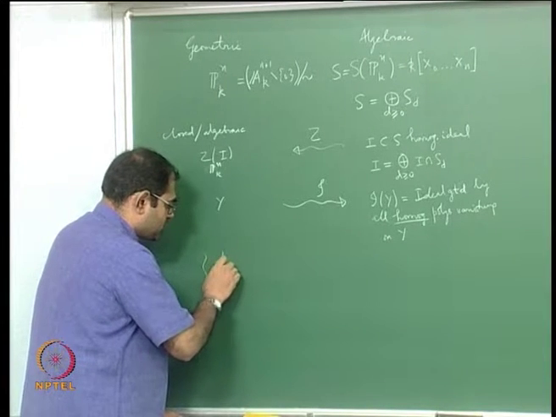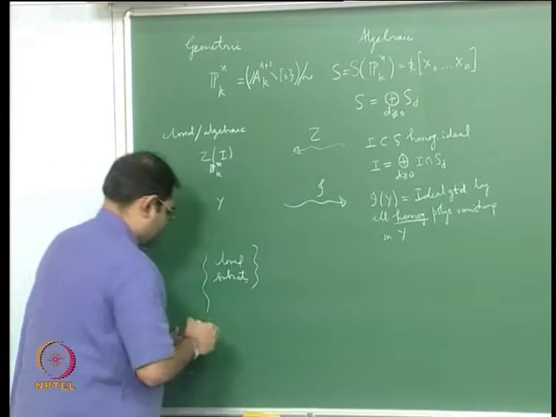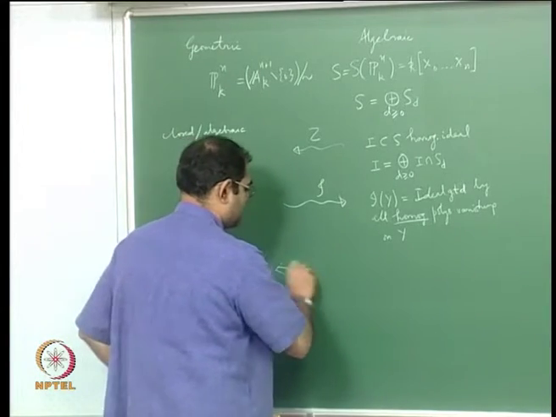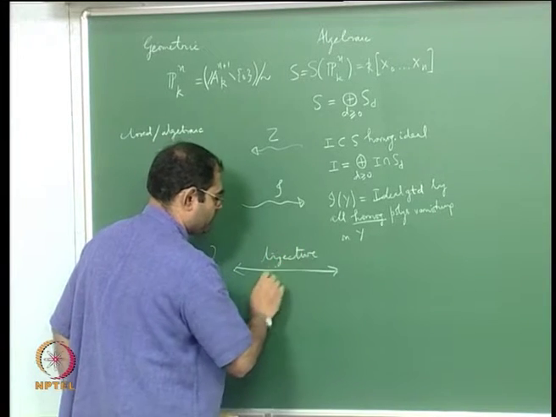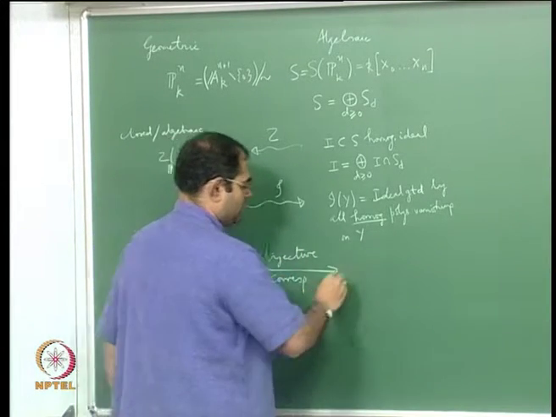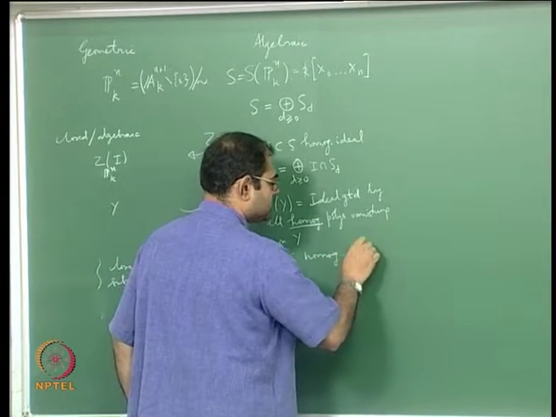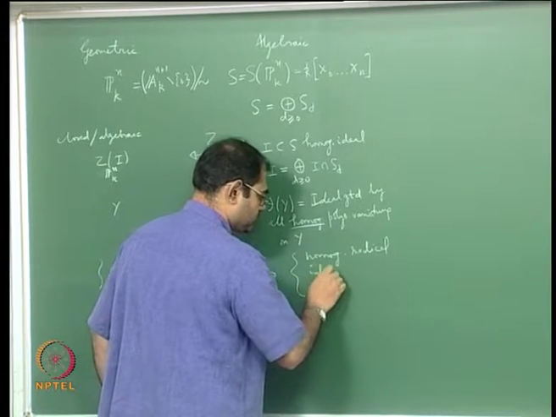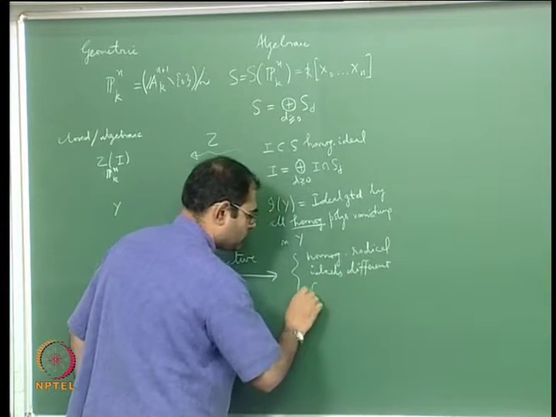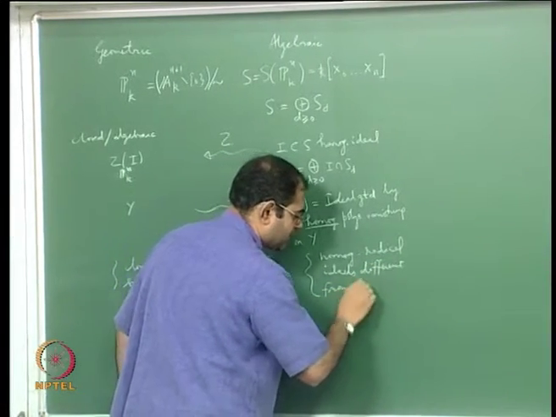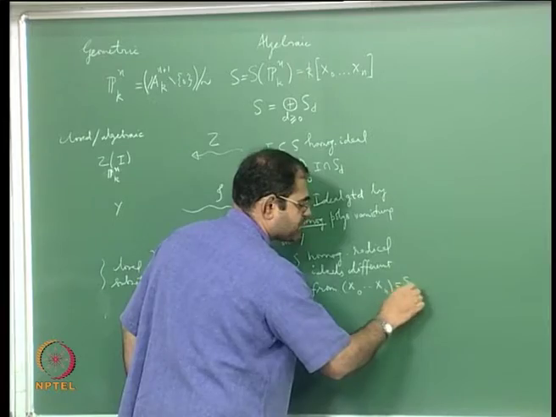Here you have closed subsets on this side, and you have a bijective correspondence with, on this side, homogeneous radical ideals different from the irrelevant maximal ideal, which is usually written as S plus.